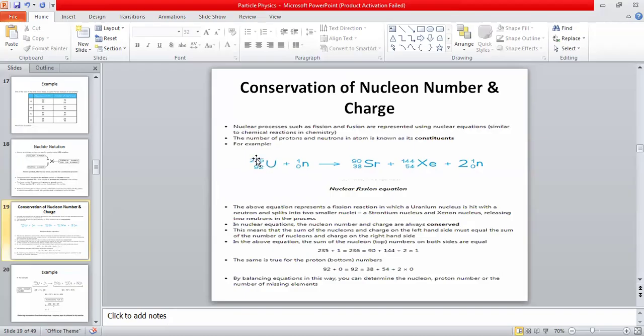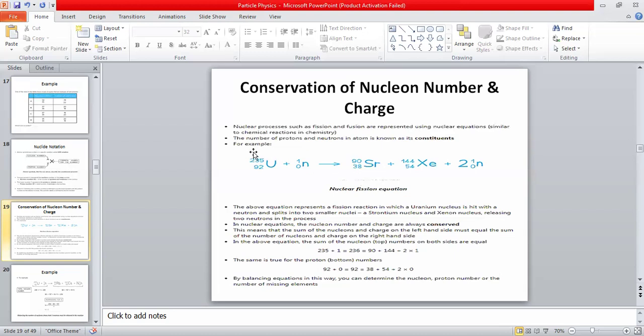It is 235 plus 1, which is 236. And on the right hand side, the total nucleon number is again what? 90 plus 144 plus 2 multiplied by 1. If we add all of this, it will be equal to 236.